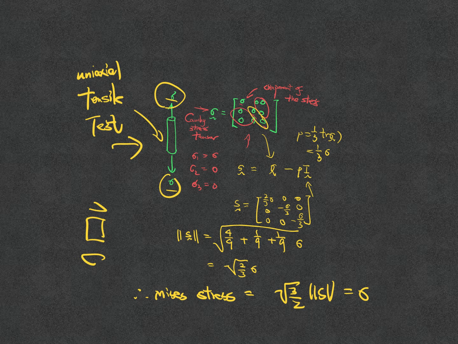Okay, so now we have defined the Von Mises problem. Then the next thing that is very important for us is to define the plasticity model.